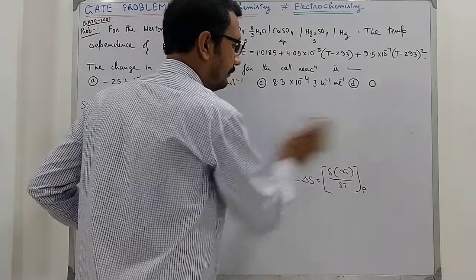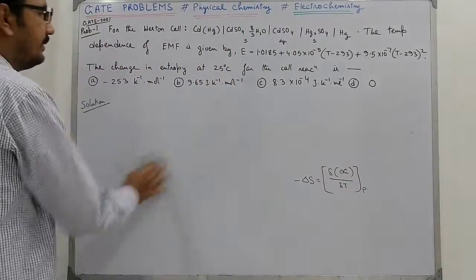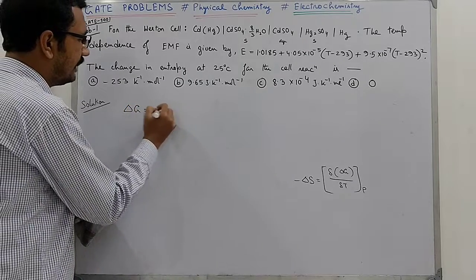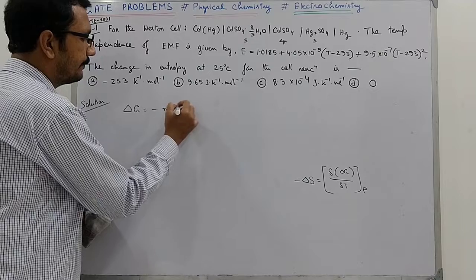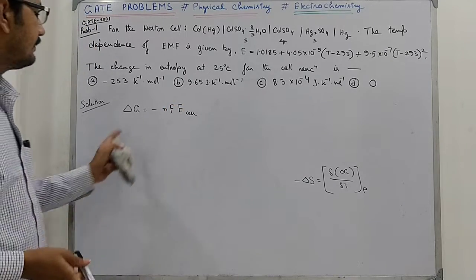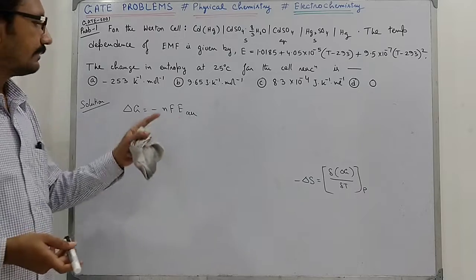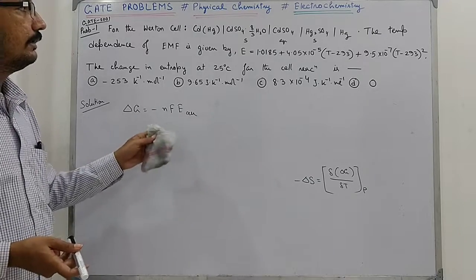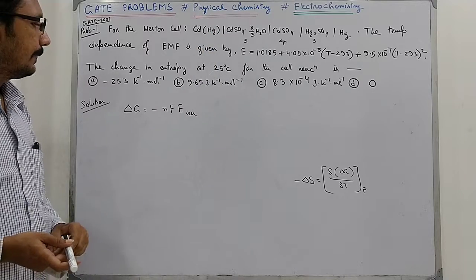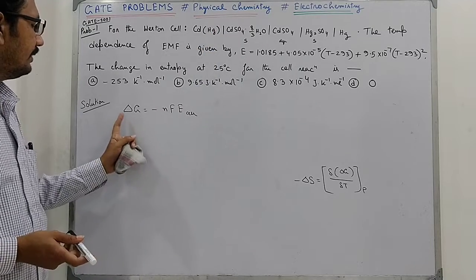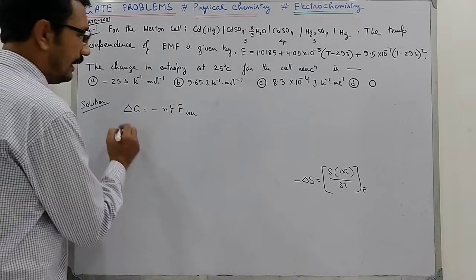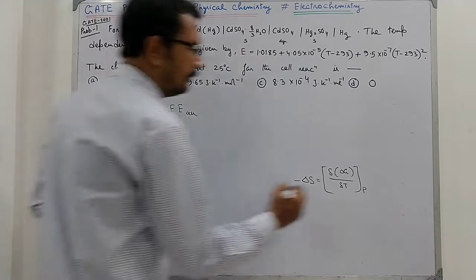So we have the relation of the change in entropy. Now see, we know ΔG equals minus nFE cell. I have discussed it in previous lectures, which you will get in the playlist named electrochemistry. So we know that ΔG equals minus nFE cell and we put this in equation 3.